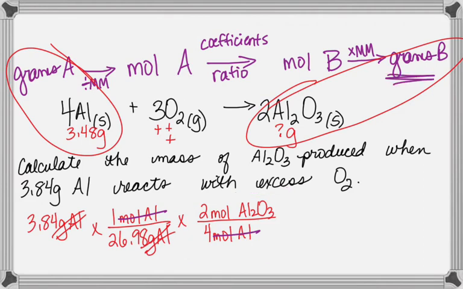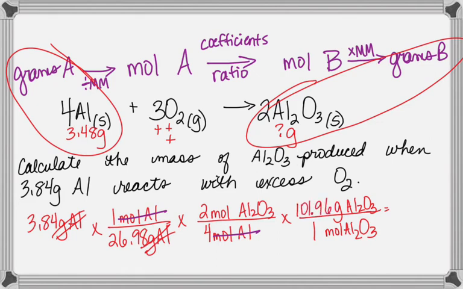Finally, in order to get all the way to grams, we have to go from moles of aluminum oxide to grams of aluminum oxide, and that's where we use our periodic table to do the molar mass of aluminum oxide. There's 2 aluminums times 26.98, and so for the molar mass of aluminum oxide, I got 101.96 grams, the 2 aluminums and the 3 oxygens.